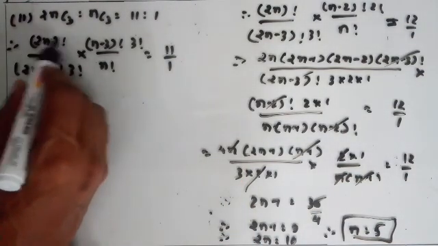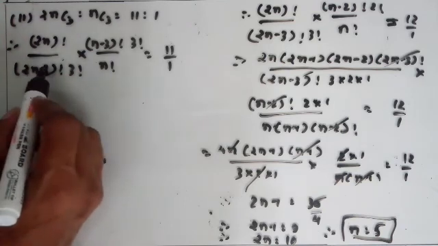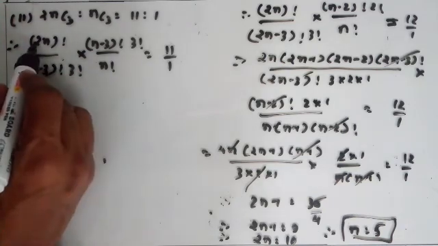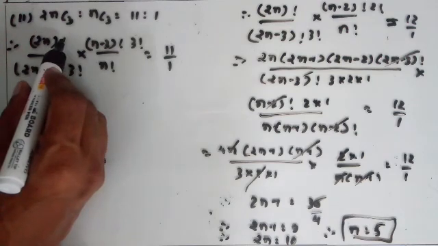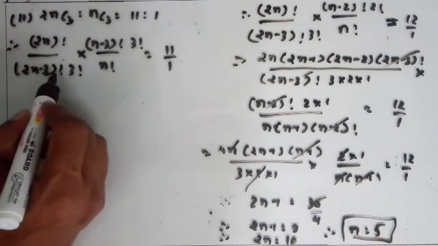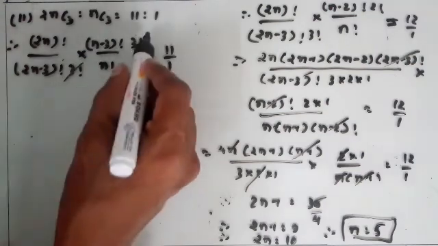Here (2n) factorial expands up to 2n minus 3. So 2n into (2n minus 1) into (2n minus 2) into (2n minus 3), then write factorial. Here 3 factorial cancels from both.